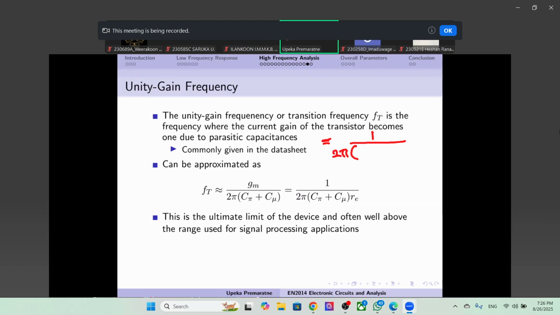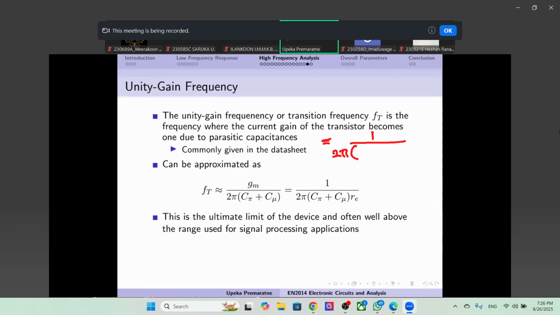Okay, so there's a question here. Do we have to memorize all of the gain equations? The answer is no, because you will be asked the question in a way that you will have to derive it. In the exam, you won't be expected to memorize any of this.